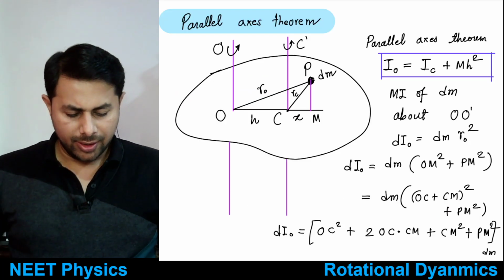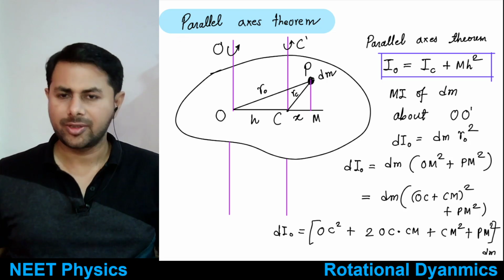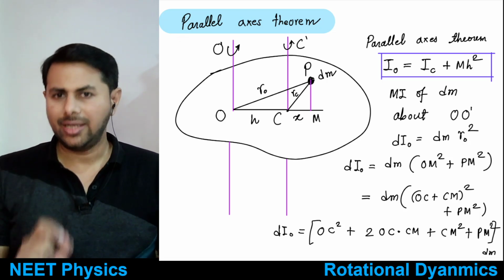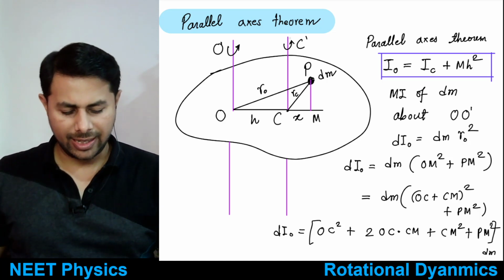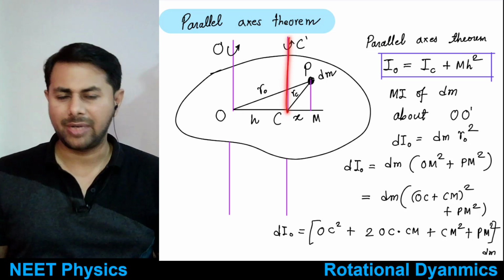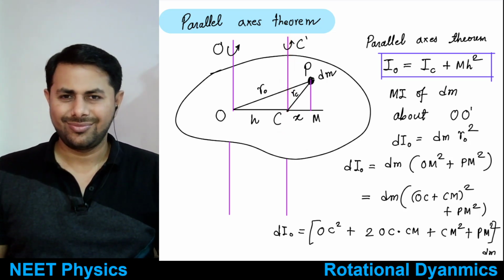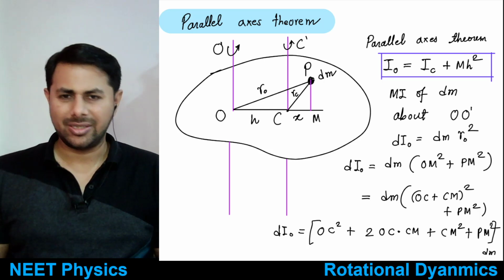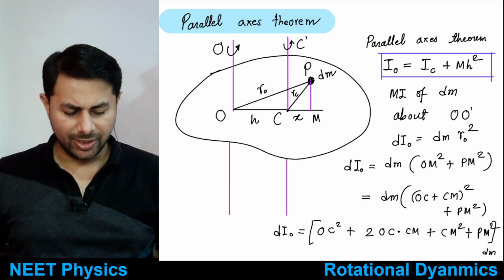Okay, so next let's talk about the parallel axis theorem. So what is this? Again, suppose you know the moment of inertia of a body about an axis which passes through its center of mass, and that is I suffix c. This is applicable to any kind of body, laminar or solid.